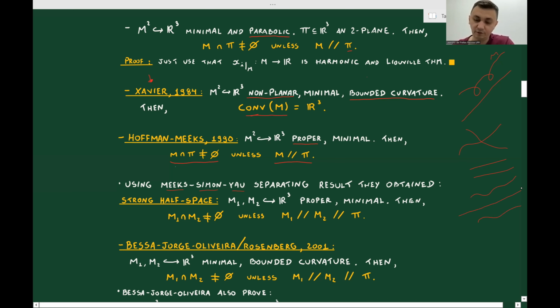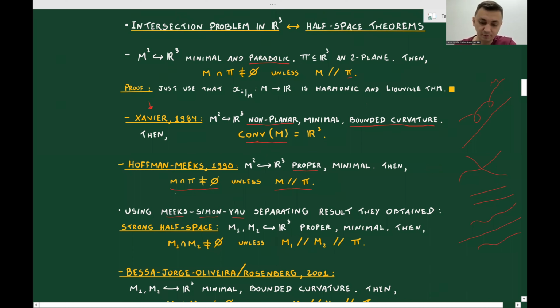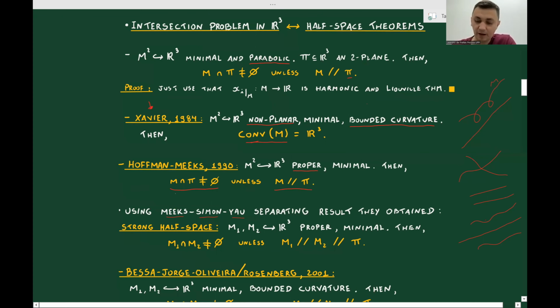But if we apply the half space result against the plane, we deduce that this third possibility cannot happen. So they deduce the strong version of the half space theorem just by applying this separating result.